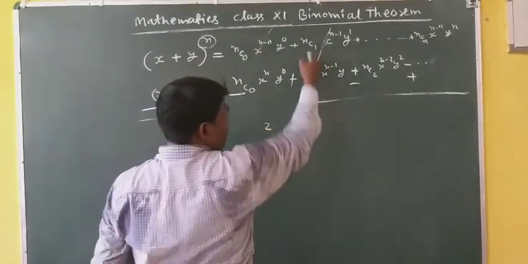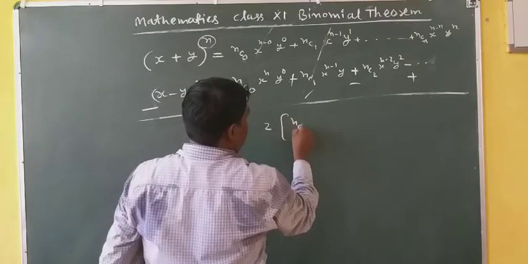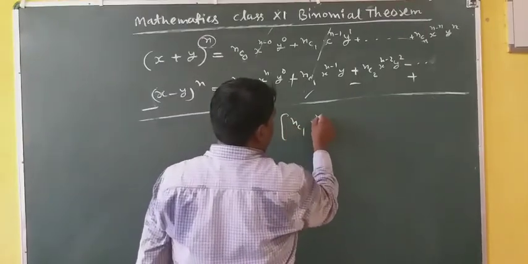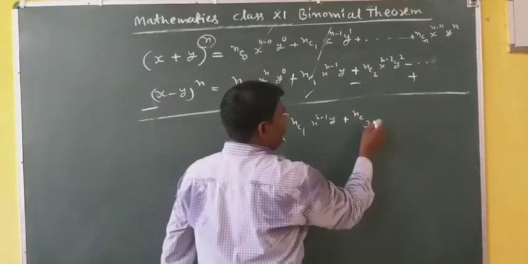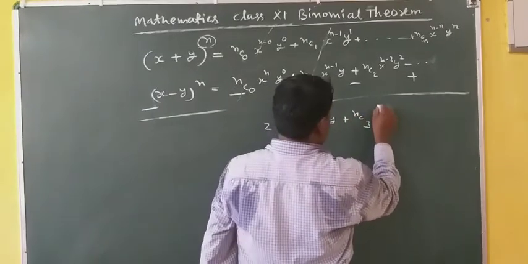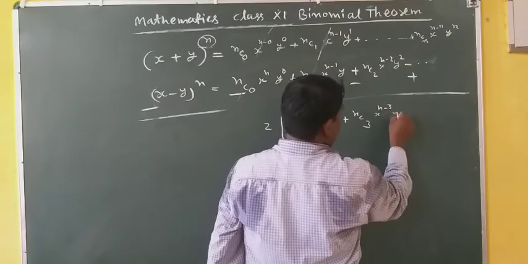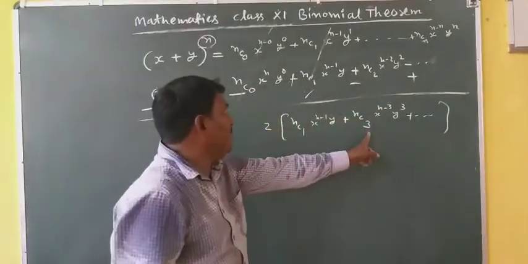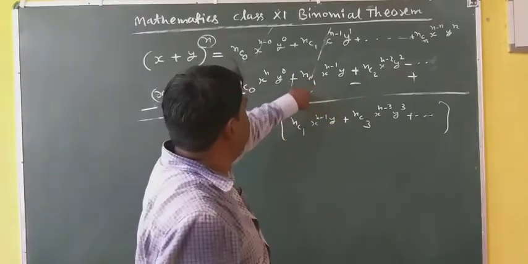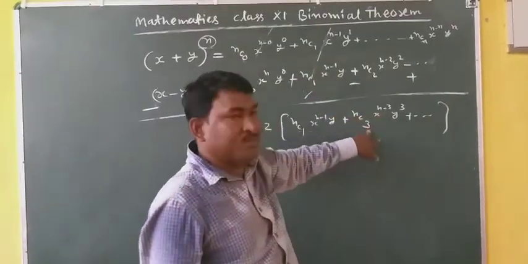So 2, nC1 x power n minus 1 y plus nC3 x power n minus 3 y cube plus and so on. And these terms are at even places. This is second term, this is fourth term.